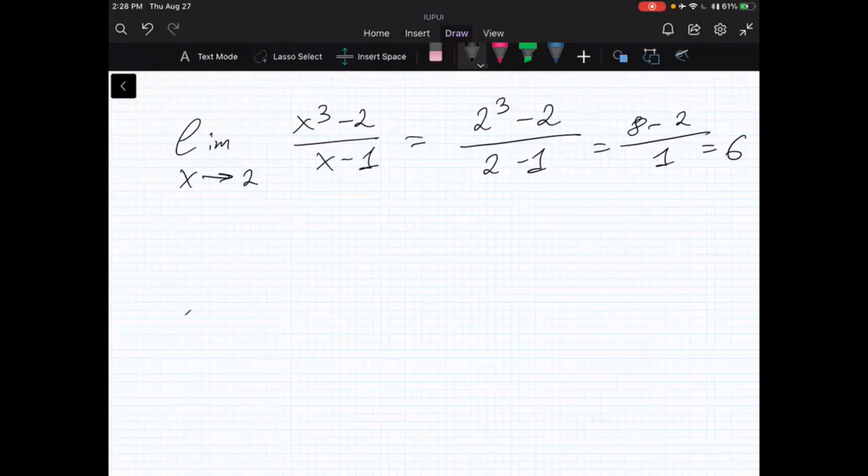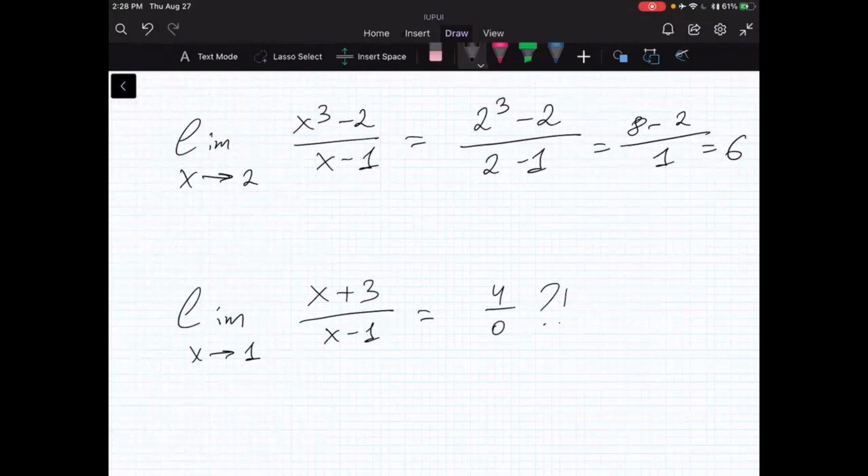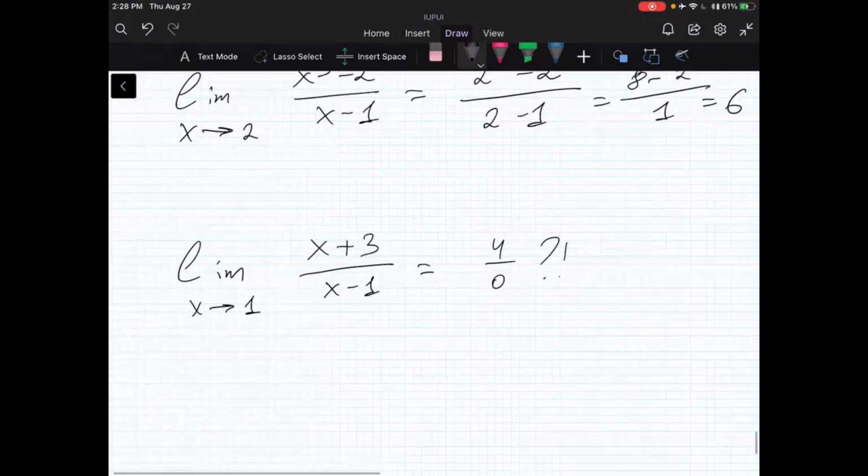For example, if you try to calculate the limit of (x plus 3) over (x minus 1) when x approaches 1, of course, you will get something like 4 over 0. And this is kind of strange. I mean, you're dividing by 0. That means that you cannot just plug in 1. So in this case, we cannot use this definition.